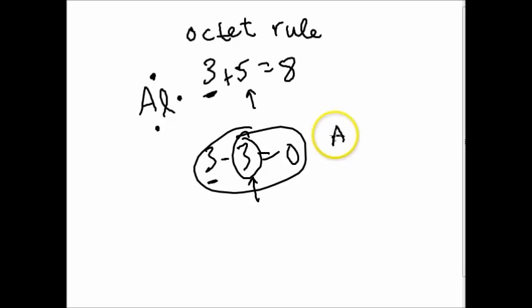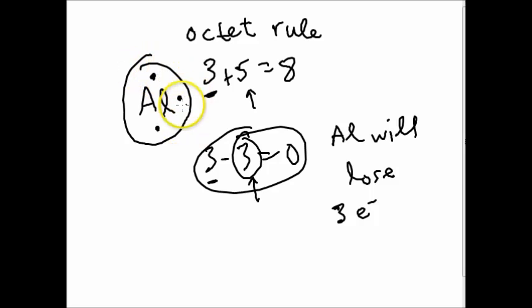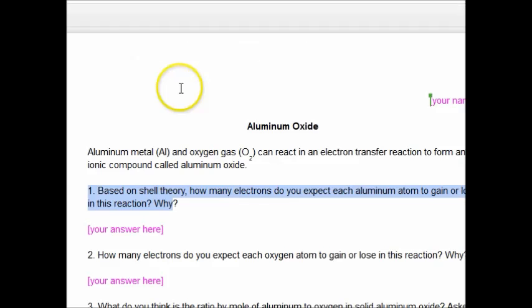Therefore, aluminum will lose 3 electrons, and that's just about what they wanted to know.